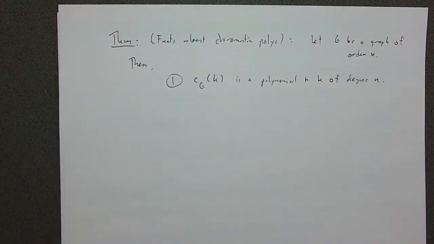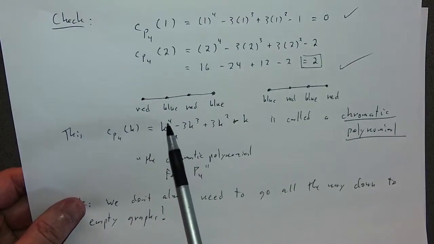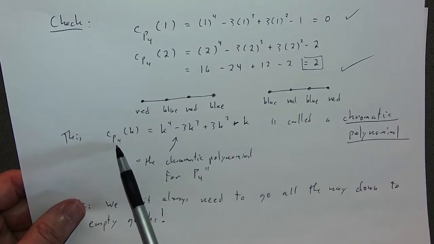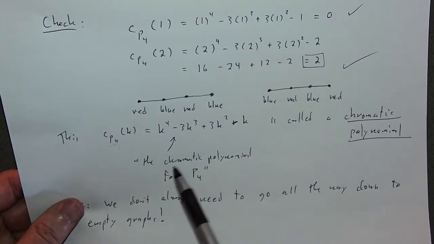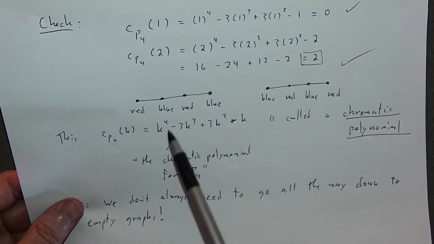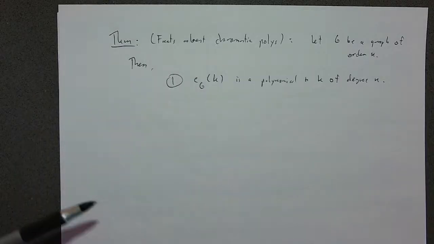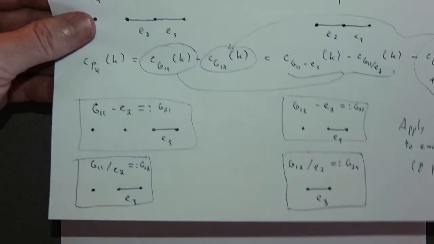Was our P4 chromatic polynomial of degree 4? Yes. So P4 is a graph on 4 vertices, and yes, indeed. Because, of course, where did this k to the 4th come from? It came from that last step. You had removed all of the edges, leaving yourself with an empty graph on 4 vertices.